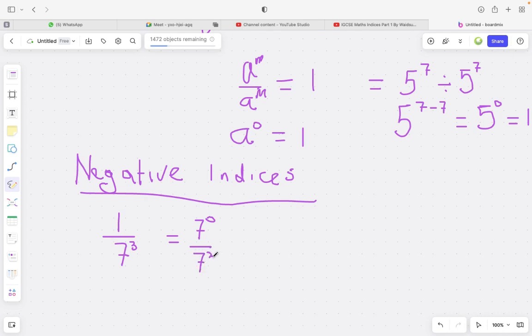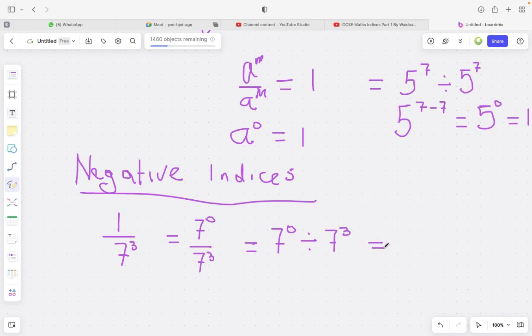Now, what makes it negative indices is that let's use the second law. So we say 7 to the power of 0 divided by 7 to the power of 3. Let's apply the second law, and you get a negative index.